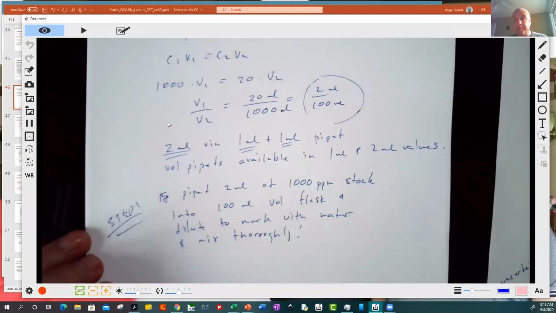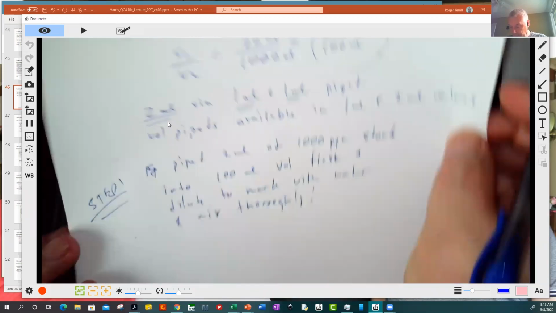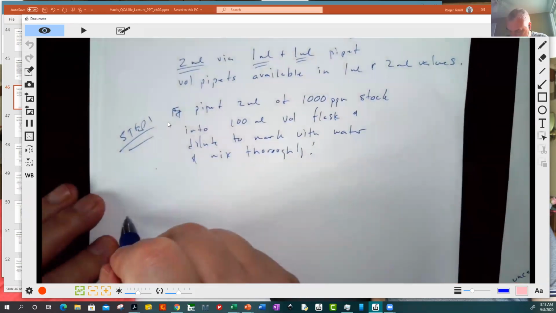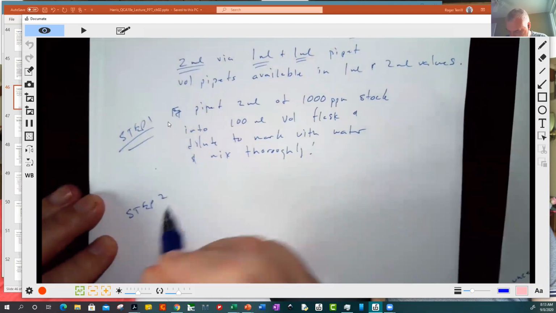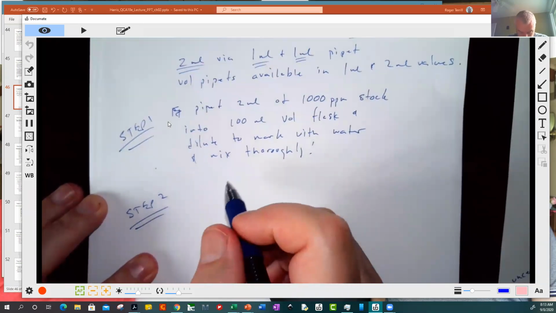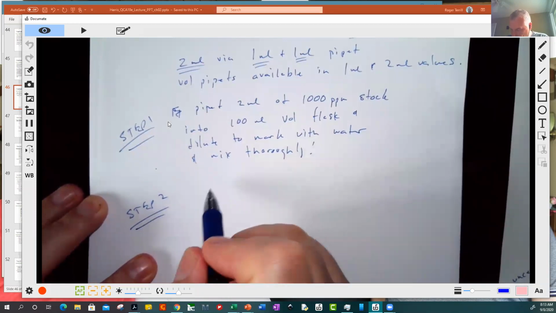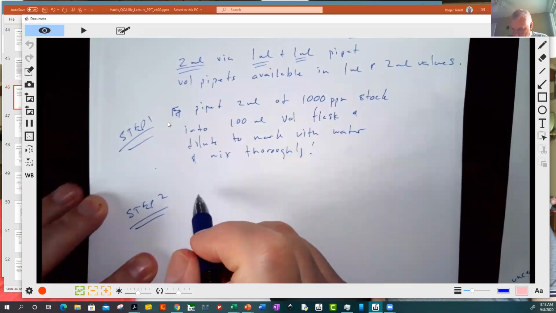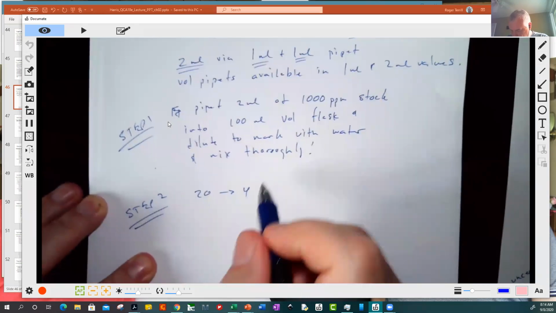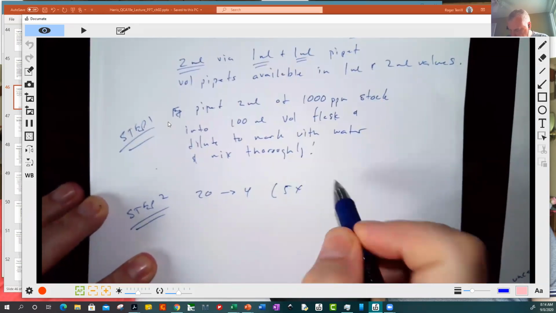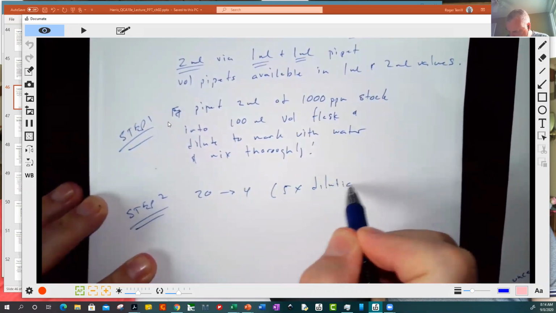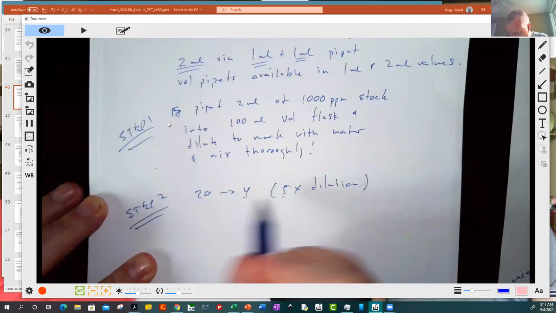And then for step 2, we're going to take, and now we need to go from 20 to 4, right? So this is a 5x dilution, right? Because 4 times 5 is 20.